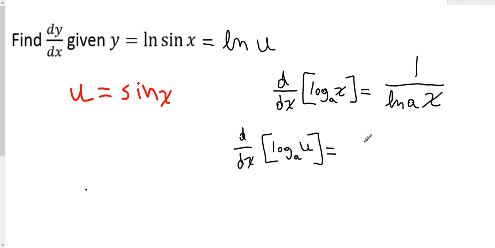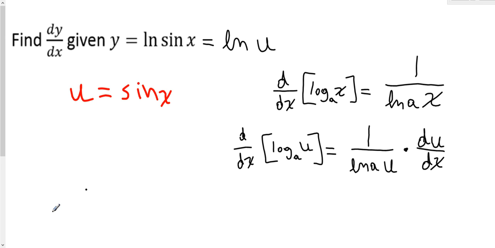So this is equal to 1 divided by the natural log of a times u, but you have to remember to multiply once again by the derivative of the inside function, du/dx. In this case, since it's a natural log, we know that's log base e, so this would be the ln of e, which is again 1. The ln of e, once again, is 1.